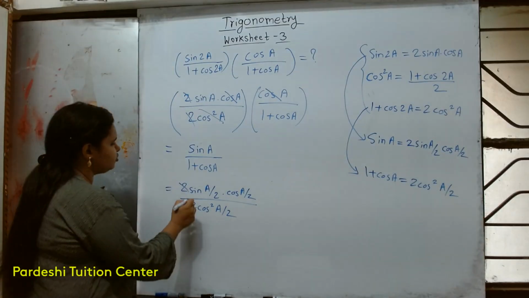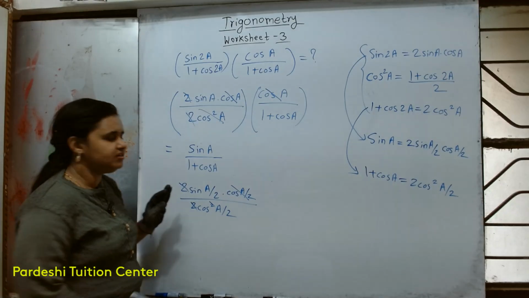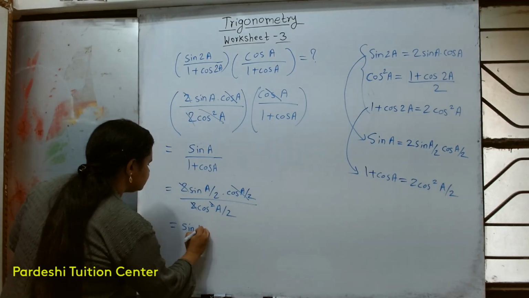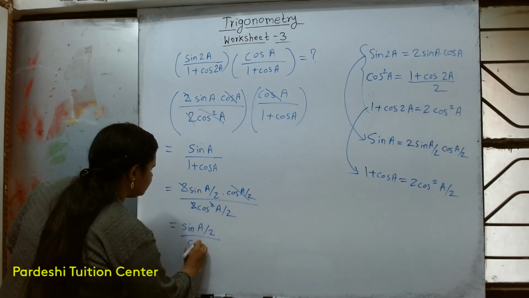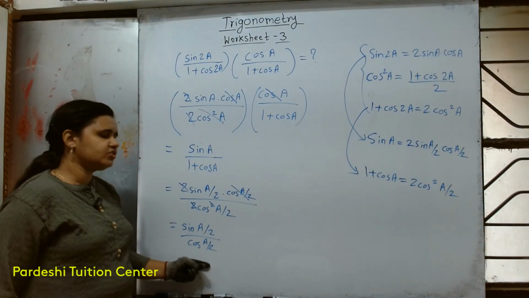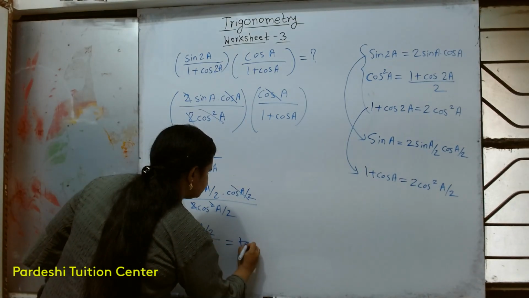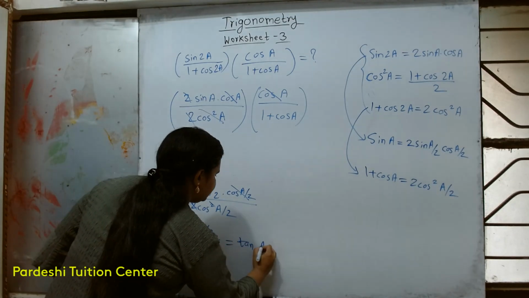Now 2 and 2 will get cancelled, and one cos A by 2 and cos A by 2 will get cancelled, and what is remaining? Sin A by 2 upon cos A by 2. And what is sin upon cos? It is tan. So it will be tan A by 2.